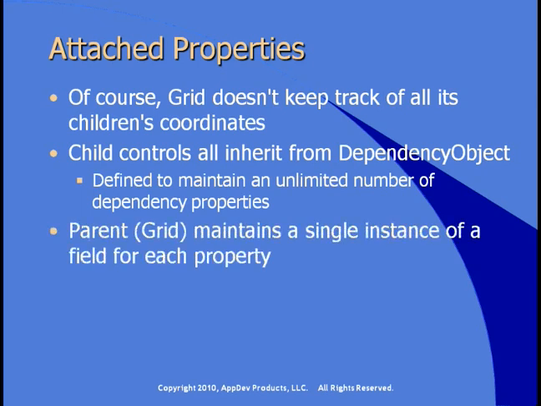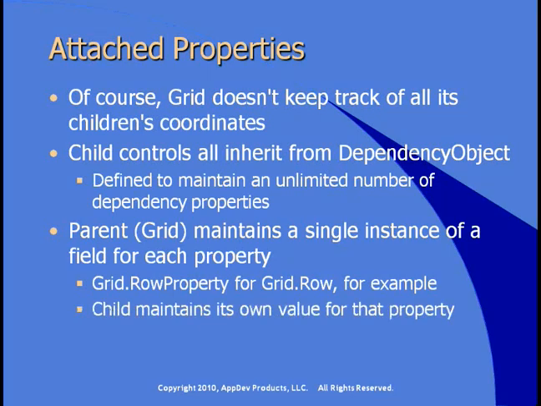The parent, the grid in this case, maintains a single instance of a field for each property. That means the grid has a row field and a column field. There's a grid.row property, if that's the actual name, for the grid.row property, and there's a grid.column property for the grid.column. The child control maintains its own value for that property.